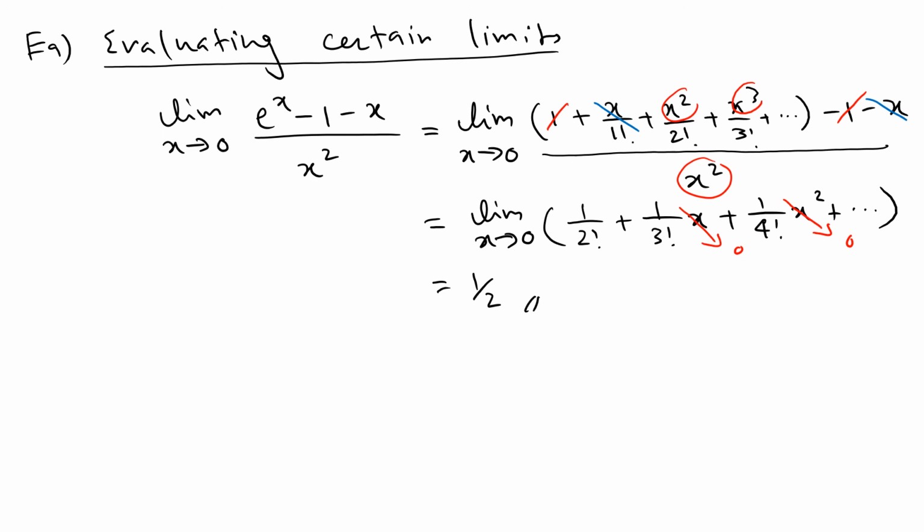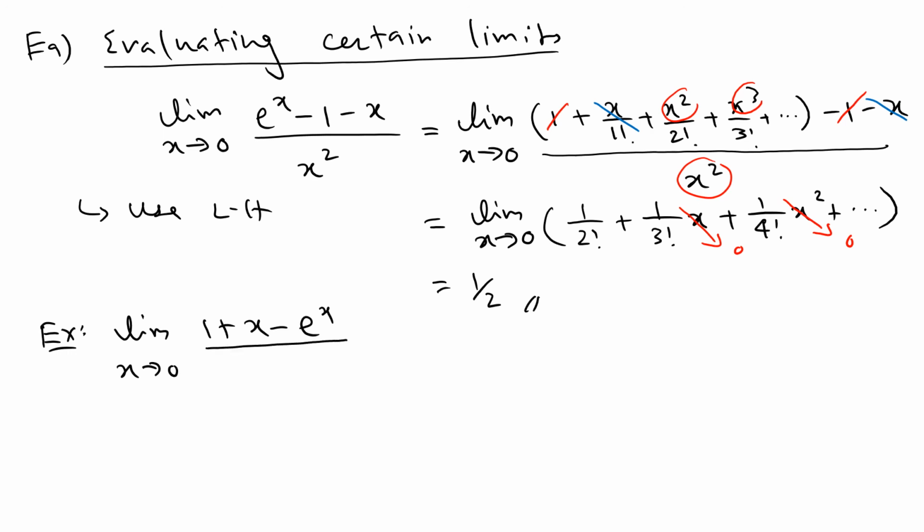I'm going to give you two examples for you to try. The other argument is to use L'Hopital's rule. You can try these as exercise problems. Let's say limit as x goes to 0 of (1 plus x minus e^x) over (x squared plus 4x to the fifth).